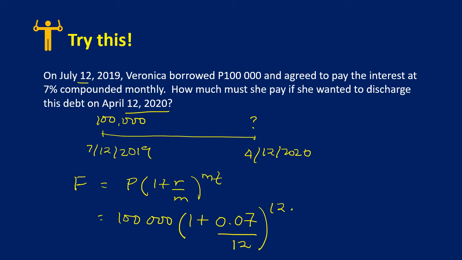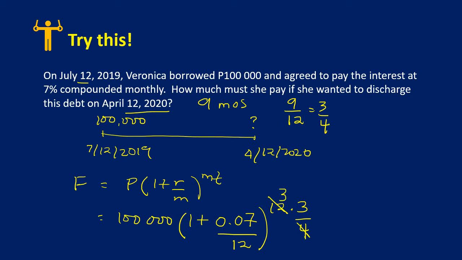July, how many months is that? July, August, September, October, November, December, January, February, March, April. This is 9 months. So that's 9 out of 12 months or 3/4 of a year. Correct? So this becomes 3.